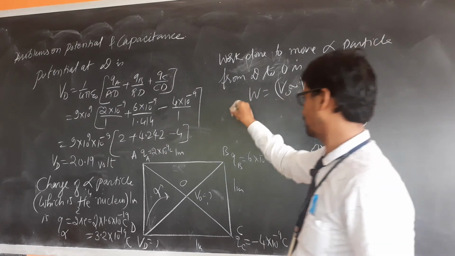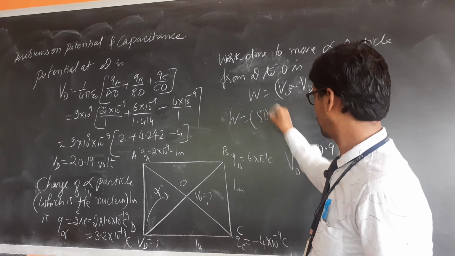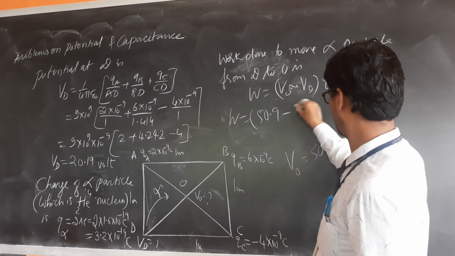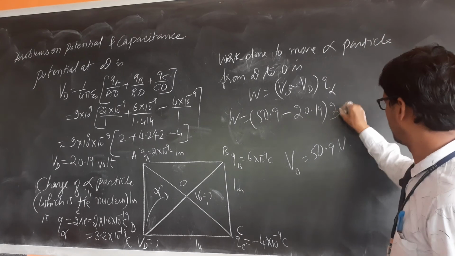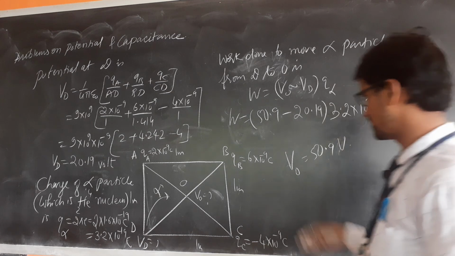Work is asked. What is VO, children? 50.9. Minus, what is VD? 20.19. What is the alpha particle charge? 3.2 into 10 raised to minus 19. We will simplify this.